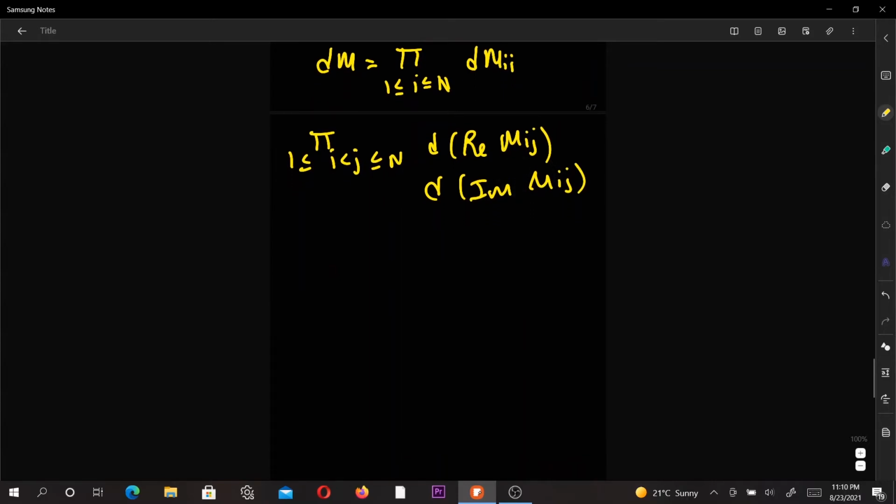As you know, our matrix models are invariant, or do not change, if we do a unitary transformation.